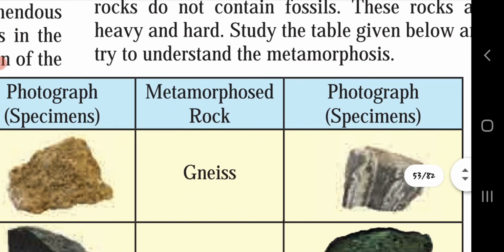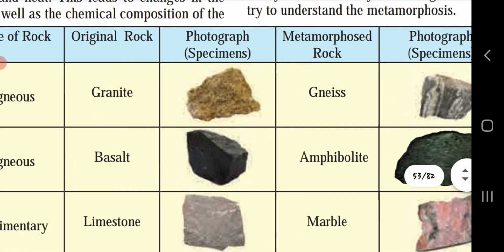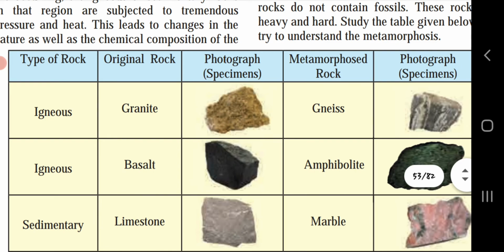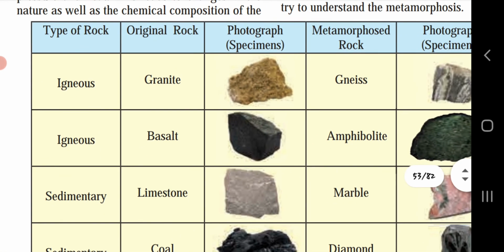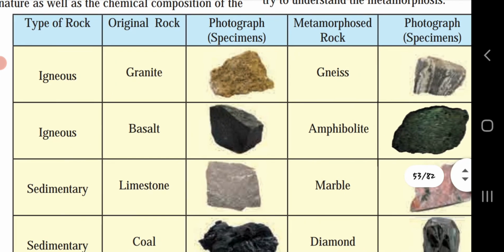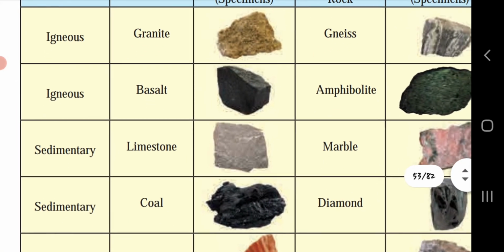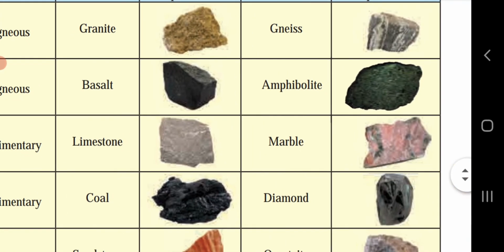So a few examples of metamorphosed rocks are given. Types of rock: igneous rock, original rock, granite. Photo given. Metamorphosed rock, gneiss. Photo given. Again, igneous rock, basalt. Photo given. Amphibolite. Again, photo given. Sedimentary rocks, limestone, marble.